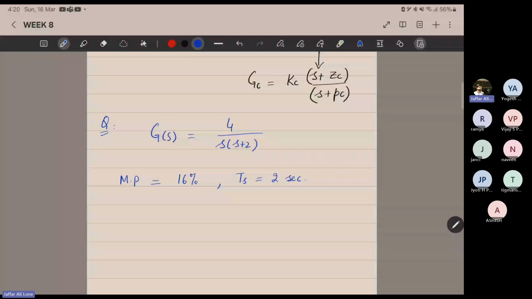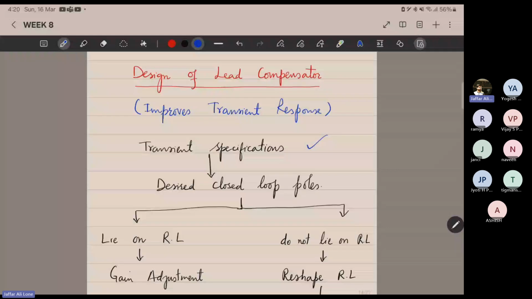The next step, you'll find the closed loop poles, and then see whether those closed loop poles lie on the root locus, then do gain adjustment. But here I have chosen these specifications such that my closed loop poles do not lie on the root locus. Then we have to reshape the root locus using a lead compensator, and accordingly we will get the desired specifications.